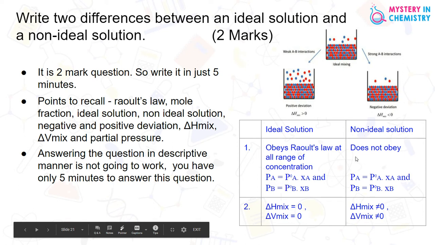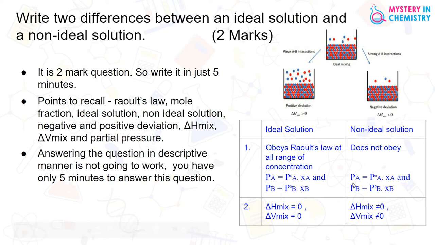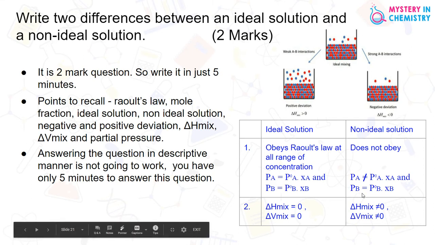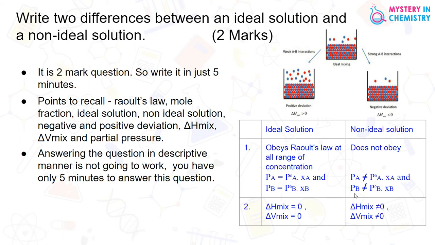Whereas non-ideal solutions do not obey Raoult's law, that is, Pa is not equal to P0A XA and Pb is also not equal to P0B XB, where Pa and Pb are partial pressures due to solvent A and B. P0A and P0B are respective vapor pressures of pure solvent A and B. On the other hand, XA and XB are respective mole fractions of solvent A and B in solution.